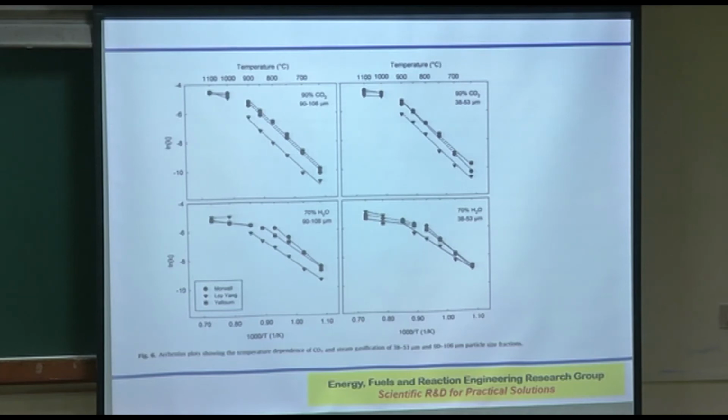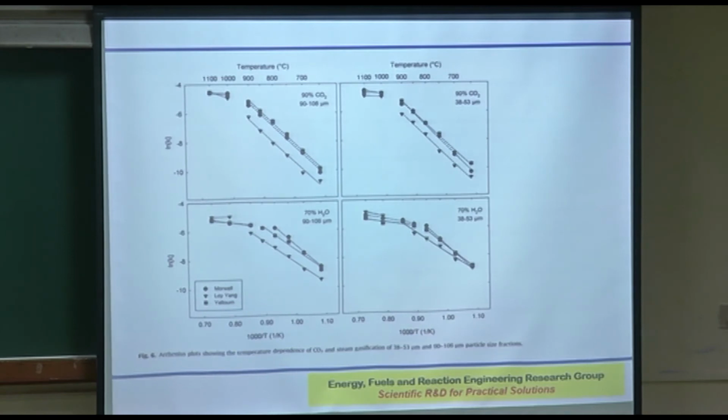So this type of analysis, experiments with the char in the TGA, can easily tell you the answer to your question of where my chemical reaction control regime stops for these conditions of particle and reactant concentration here. And for the steam, it is more or less here, because steam gasification is faster, so it is at least 100 degrees centigrade lower in temperature.